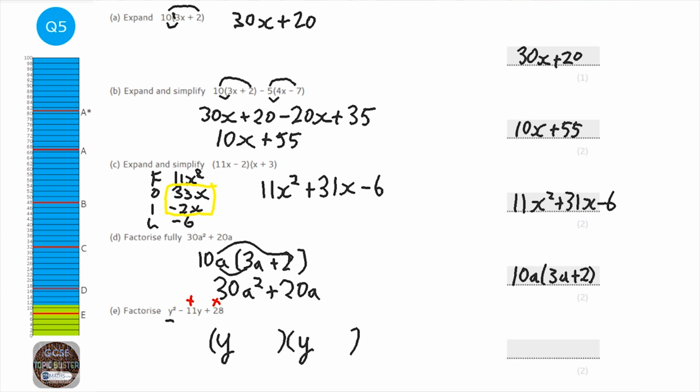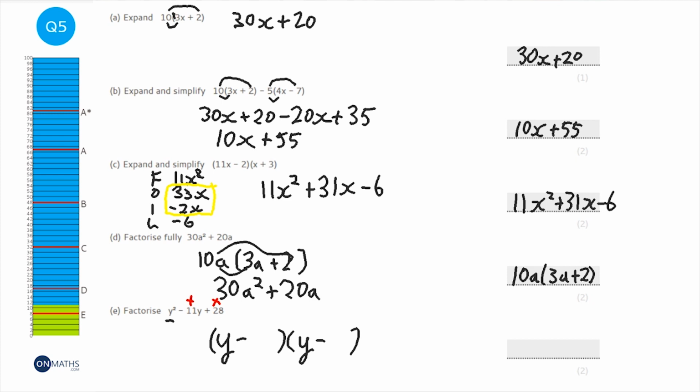Now this is not easy, it's a little bit of trial and improvement, but I know that the 2 numbers add together to make a negative, but times together to make a positive. So the only way you can do that is if they're both negative, which is a bit of a head start.